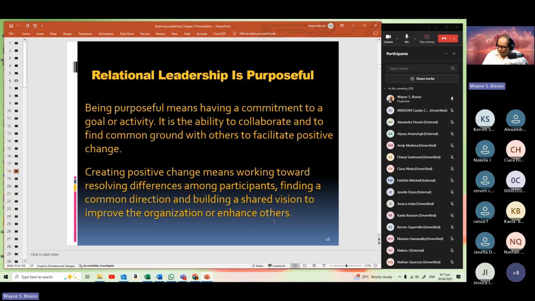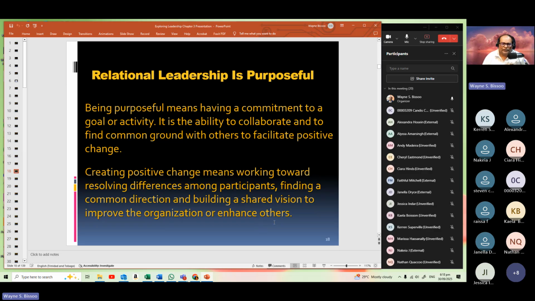All right, so coming back to the first element of relational leadership, it's purposeful. So we talked about this initially. If you're in an organization and you're all just meeting for no purpose or no function, it's like a bunch of friends getting together with no set agenda.